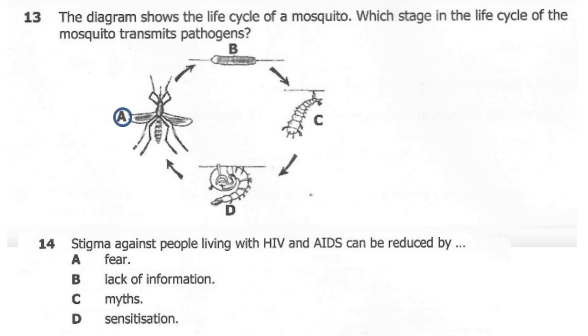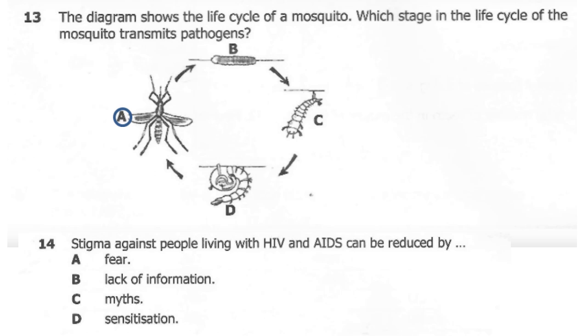14. Stigma against people living with HIV and AIDS can be reduced by A, fear, B, lack of information, C, myths, D, sensitization.